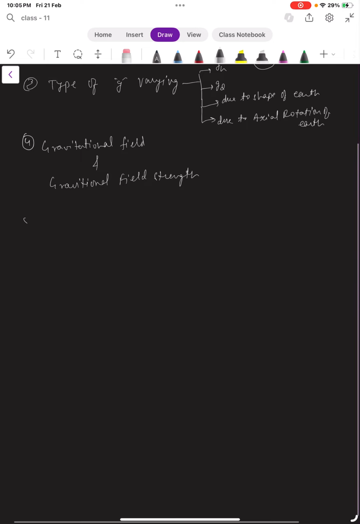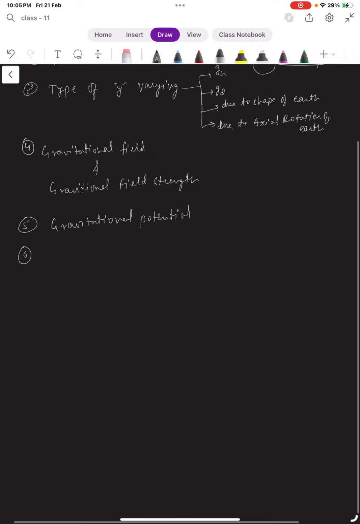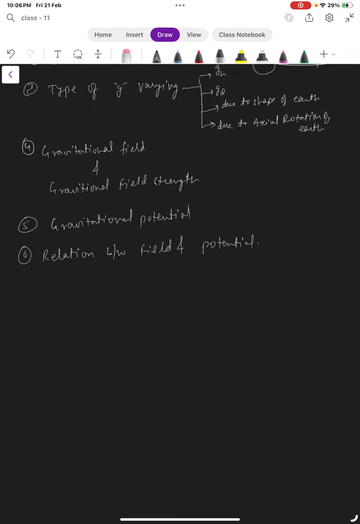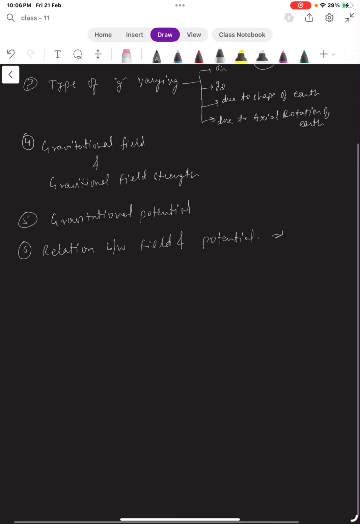And the fifth topic is gravitational potential, and the sixth topic is the relation between gravitational field and gravitational potential. We're talking about the relation between both. This relation is very important because many questions were asked in previous years on it, and there is a graph in this relation that is also important for your examinations.